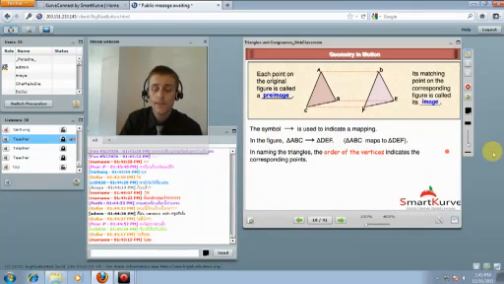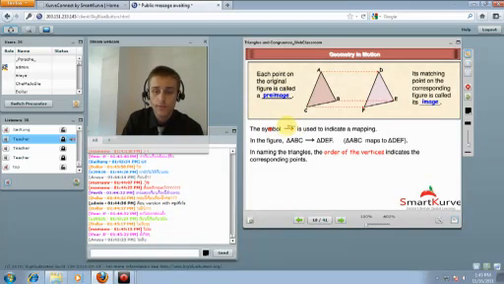The symbol of an arrow, we see right here, is used to indicate a mapping. So these arrows that we see indicate a mapping.